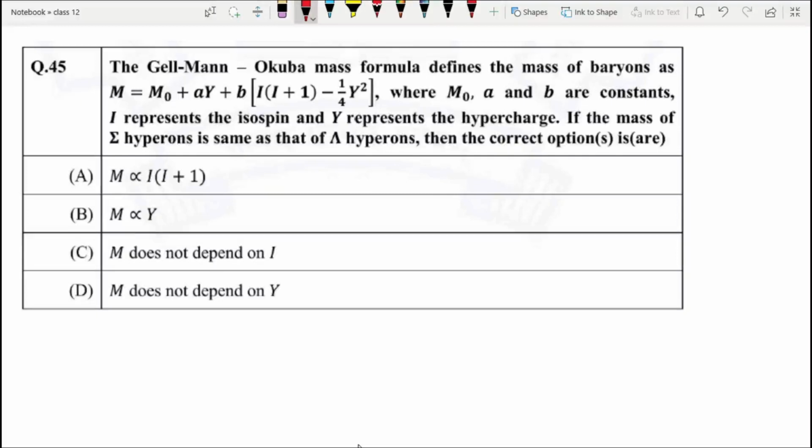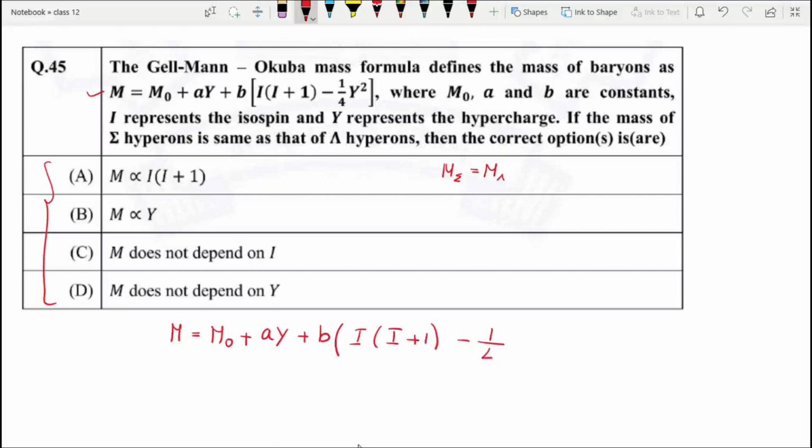In the question they have given the mass formula of a baryon, and also that the mass of the sigma hyperon is equal to the mass of the lambda hyperon, and they have asked us to check which among the four options is correct. First we will write the given formula: M = m₀ + aY + b[I(I+1) − (1/4)Y²].